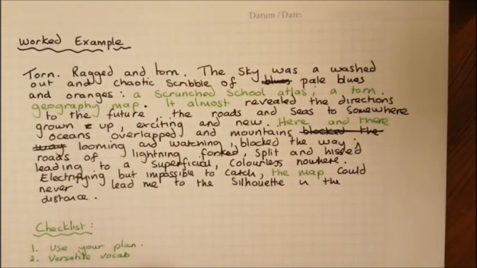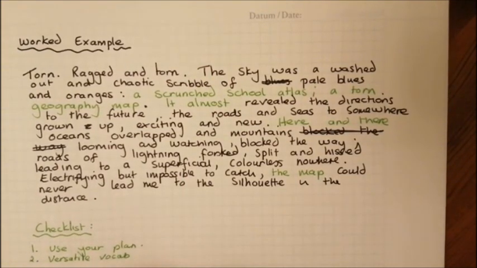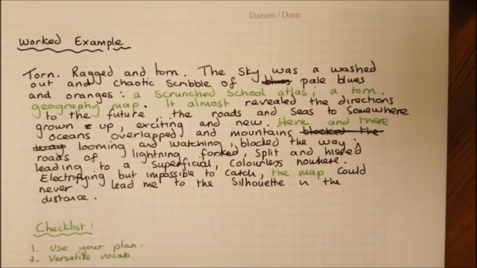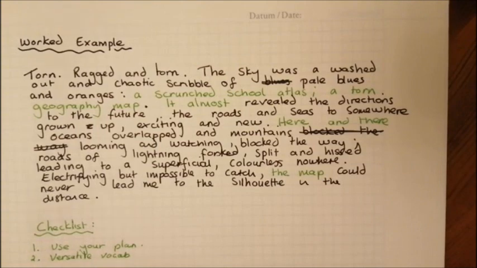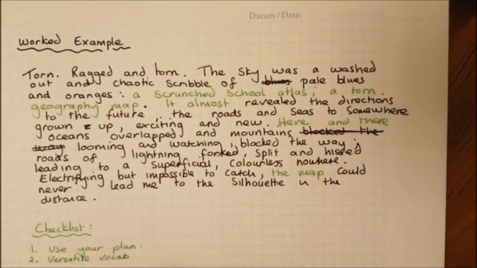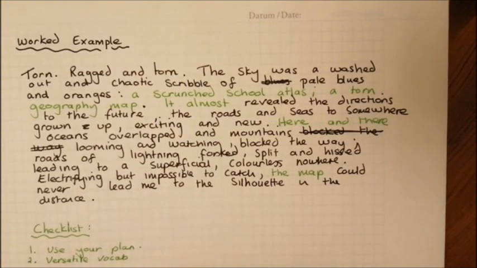Now, the structure. Make sure you start with a one-word sentence. Number 2, two-word sentence for your second one. I've broken the rule slightly. I used a 3-word sentence, ragged and torn. You can do a 3, and I'll say 2 to 3 max.